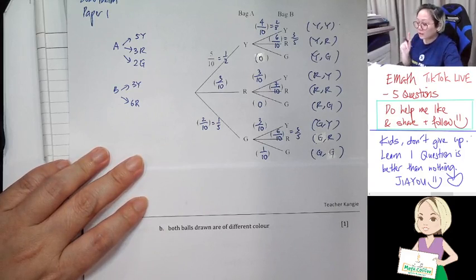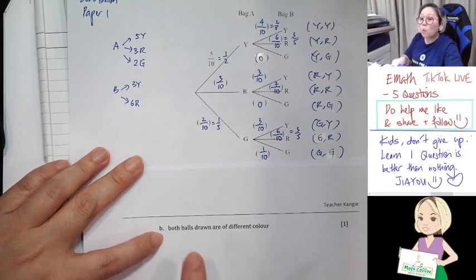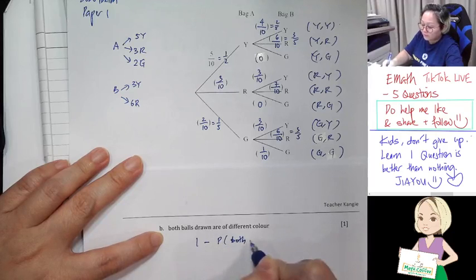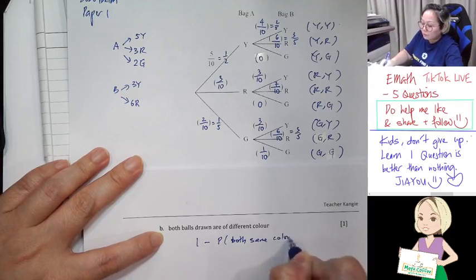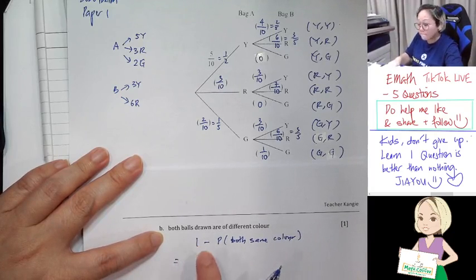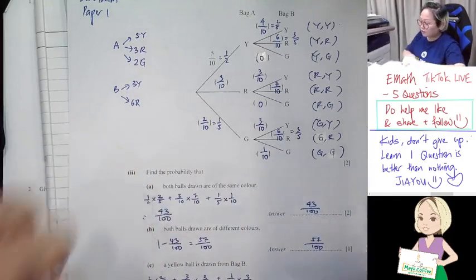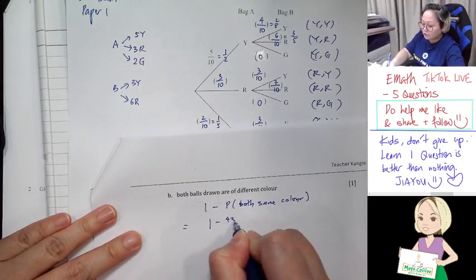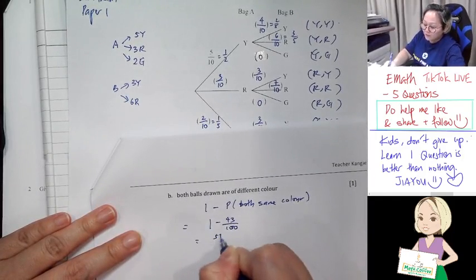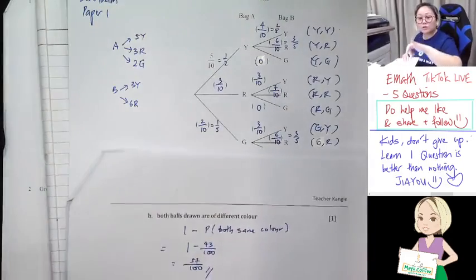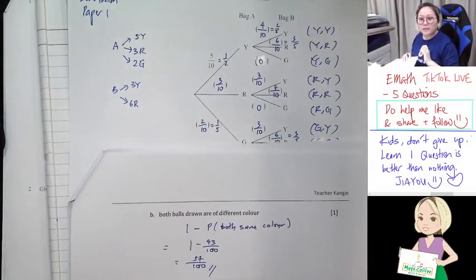Do you agree that not the same color is equal to 1 whole minus the probability of both the same color? Because they add up together, they definitely will be 1 whole. So all I need to do is just take 1 whole minus the probability that I just found just now. So just now I found 43 over 100. So it's 1 whole minus 43 over 100. And you get 57 over 100. And that's the answer. Okay, kids, don't go and take this one times this one, this one times this one, plus this one times this one, got 6, you know. Okay, take note.